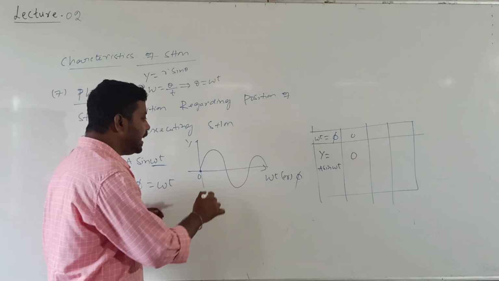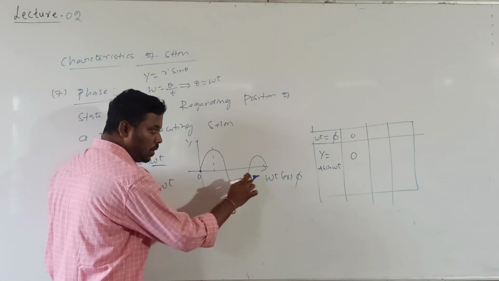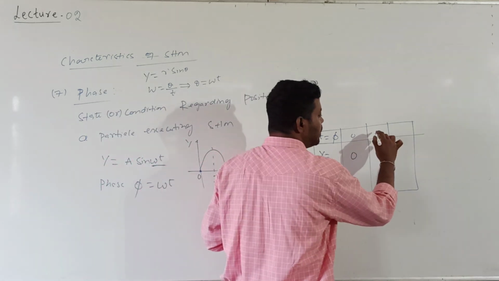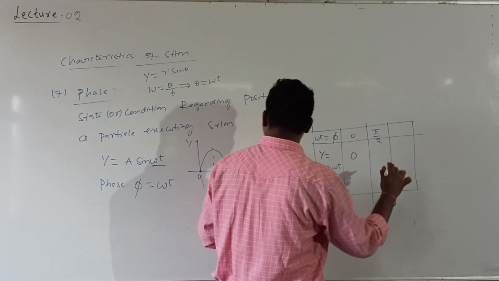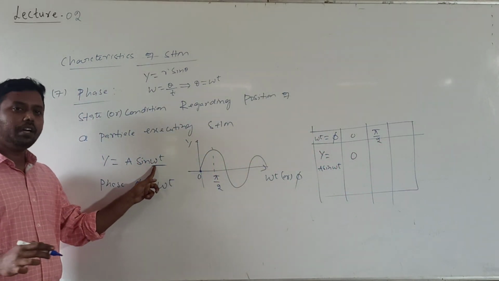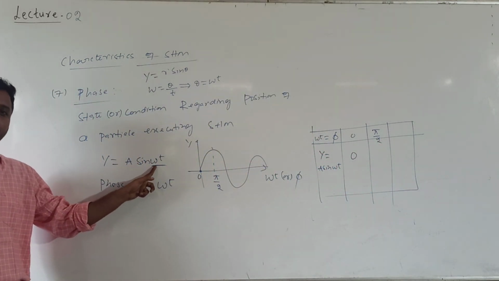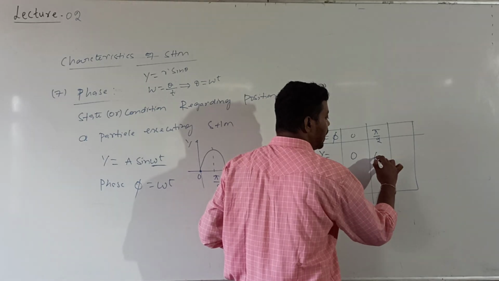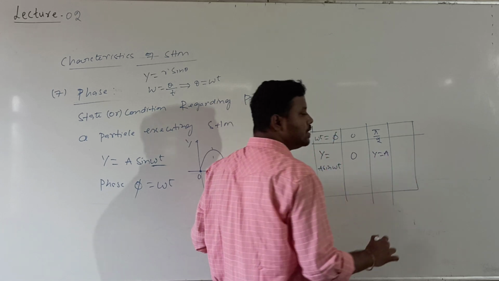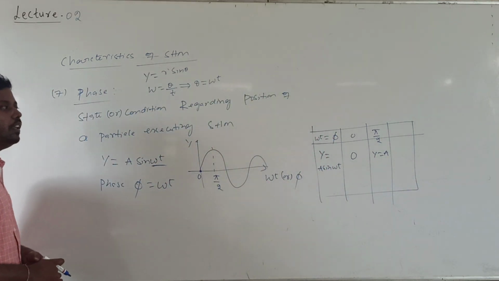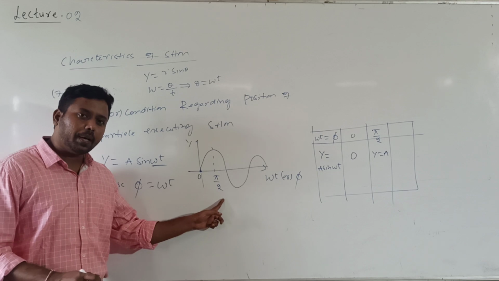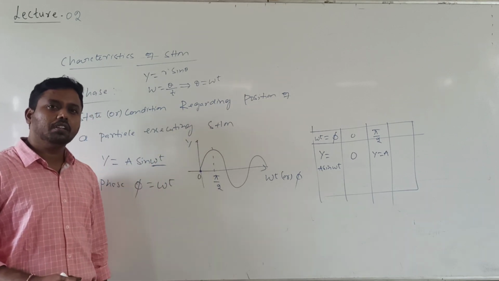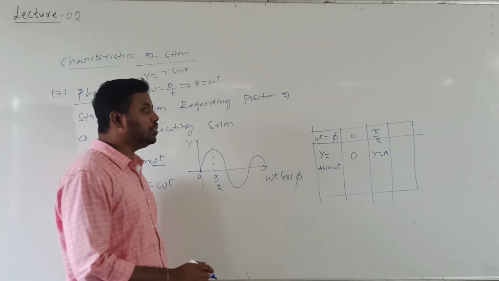Next, corresponding to this, what is the omega t value? Pi by 2. Whenever the phase value is pi by 2, sin 90 is 1, so the displacement y is equal to a. Is it maximum or minimum? Maximum. So the particle is at the extreme position.